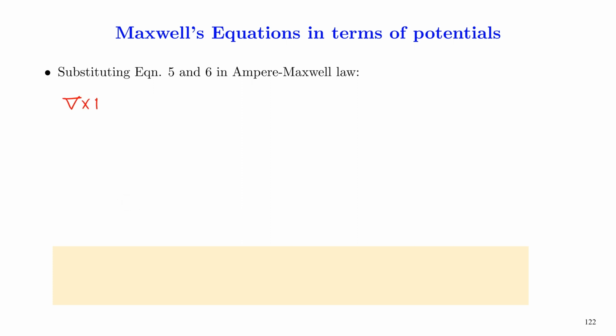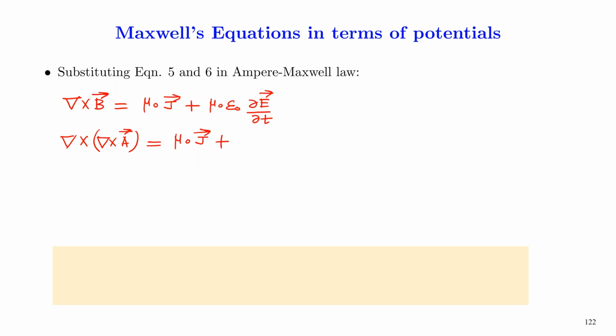The Ampere-Maxwell law is del cross B equal to mu 0 J plus mu 0 epsilon 0 dou E over dou T. We substitute for B as del cross A, then this is equal to mu 0 J plus mu 0 epsilon 0 dou over dou T, and then in place of E we'll write negative of del V, negative of dou A over dou T.